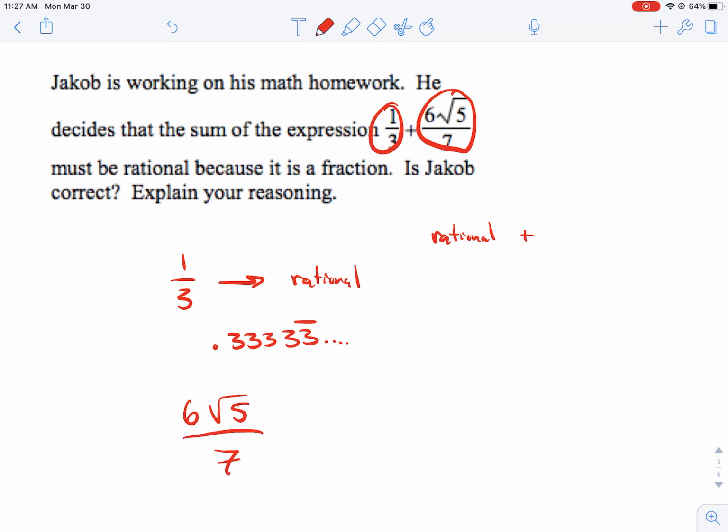plus. Now let's take a look at 6 square root 5 over 7, which is clearly a fraction, right? But you've got to be careful with these. So let's take a look.